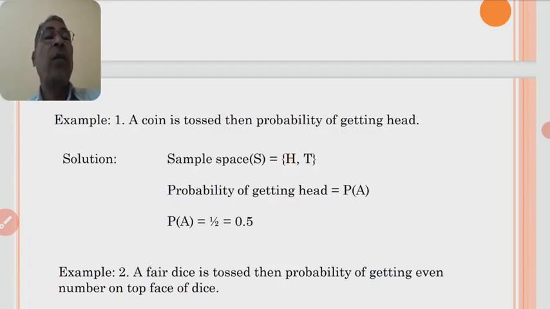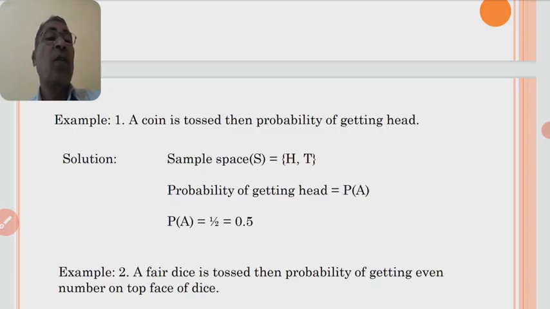When we toss a coin, the sample space is head and tail. That is, the total number of sample space is 2. Now, the probability of getting head: the sample space for getting head is H, and it is 1.